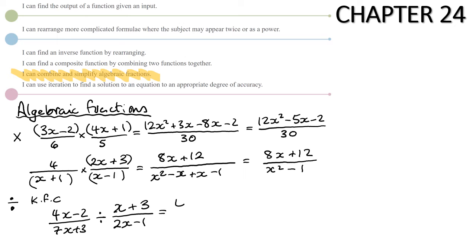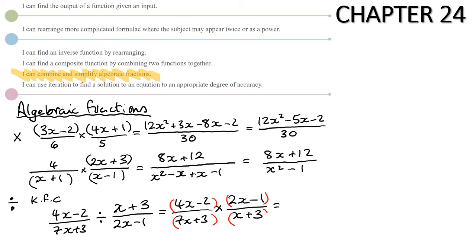So we'd keep the first fraction, we'd flip the second, and we'd reverse the sign, which we've done. And again it's just like expanding double brackets. I'll put the brackets in now.